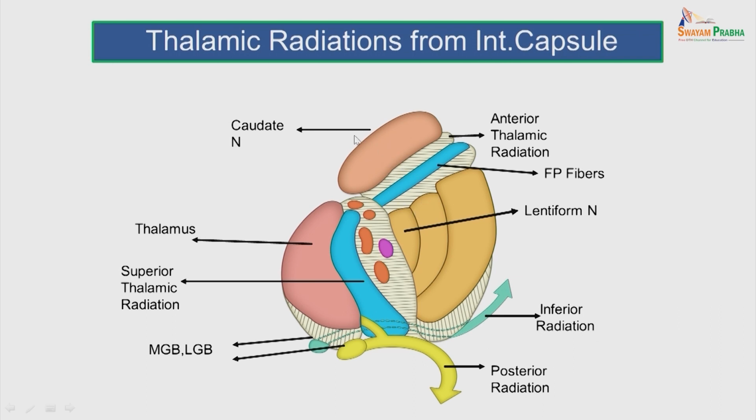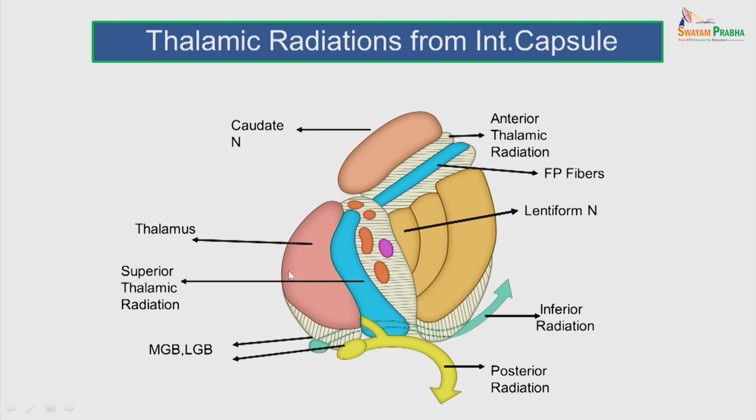The anterior thalamic radiation passes through the anterior limb of the internal capsule, mainly carrying the fibers to the prefrontal cortex, the associated motor areas and the motor areas and also the sensory areas, that is the medial dorsal, ventral anterior, ventral lateral, the VPL and the VPM nucleus. So, these radiations are carried in the anterior thalamic radiation.